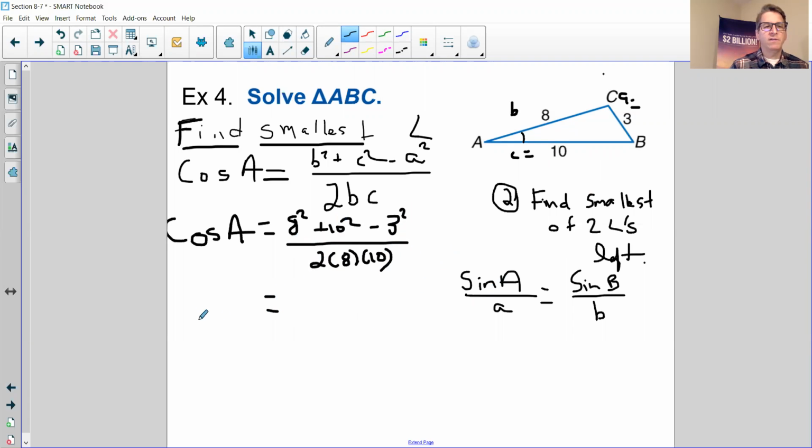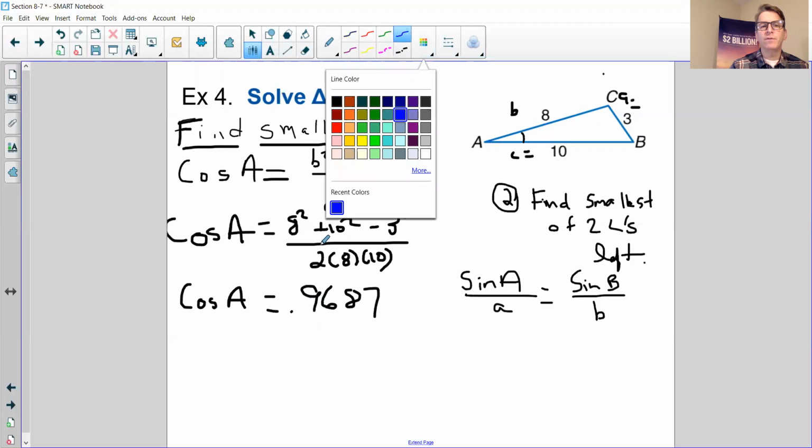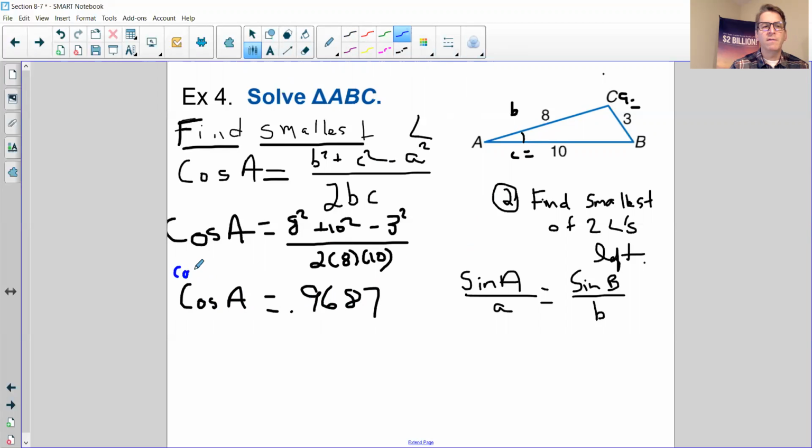When you calculate this out, the cosine of A is 0.96875. That'd be the cosine of A. So the cosine of A is 0.9687, and you take the inverse cosine.